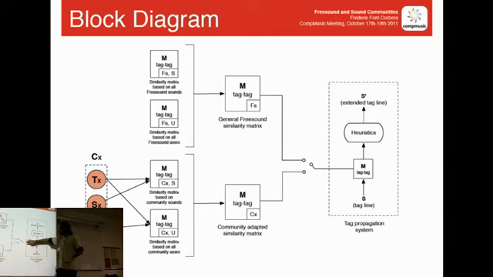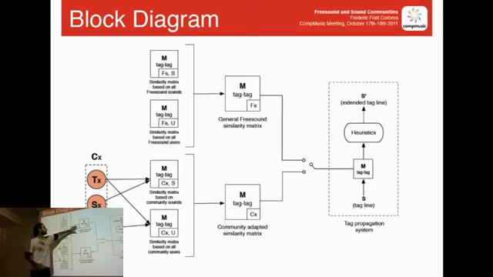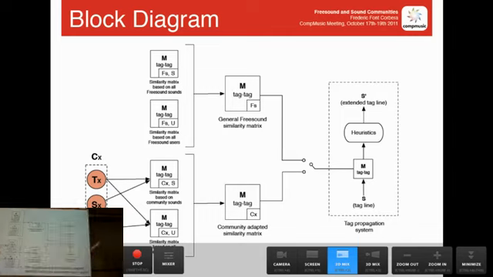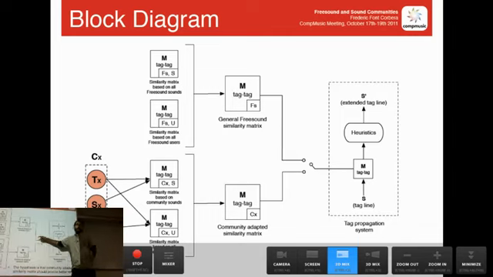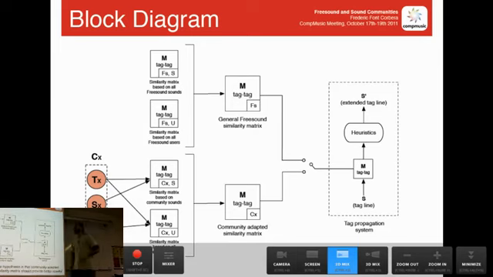This matrix should come from the community model, the community adapted similarity matrix, which I showed in the previous slide, and which should come from a combination of this distance matrix based on sounds or users. And this would be the same idea, but not using the community version, just using the whole Freesound. So what I should demonstrate, the hypothesis, is that this path works better than this one.